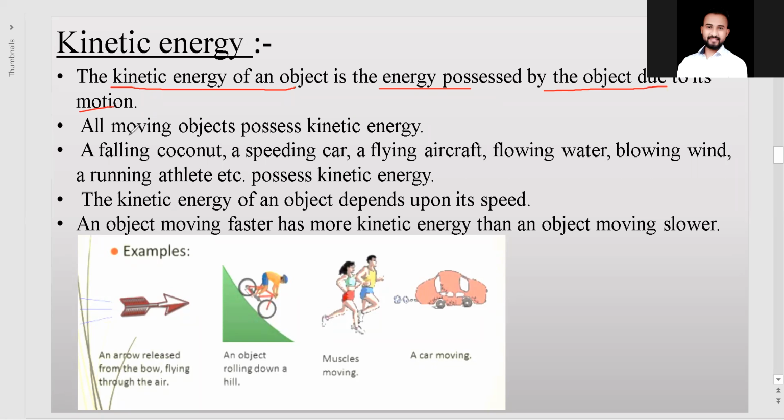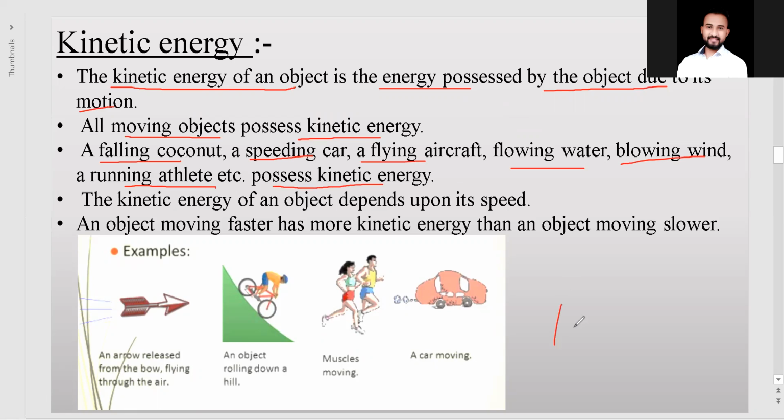So all moving objects possess kinetic energy. For example, if you start running, even your body will have kinetic energy. If a ball is thrown, that moving ball will have kinetic energy. Here are a few examples: a falling coconut, a speeding car, a flying aircraft, flowing water, blowing wind, a running athlete, etc. They all possess kinetic energy, right?